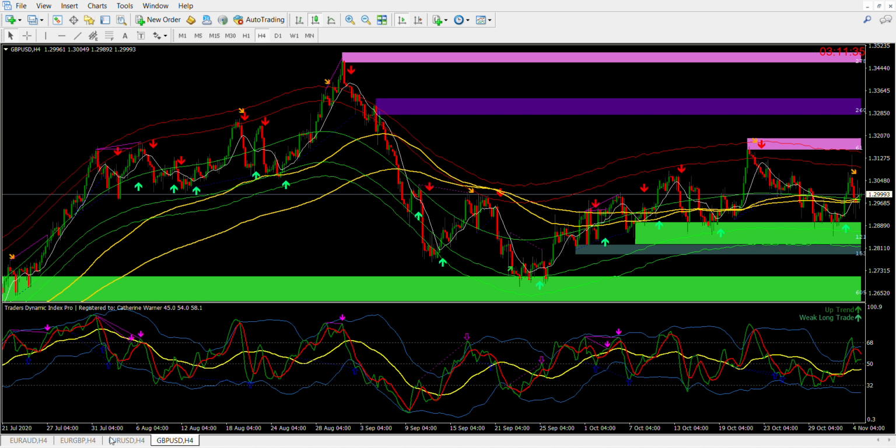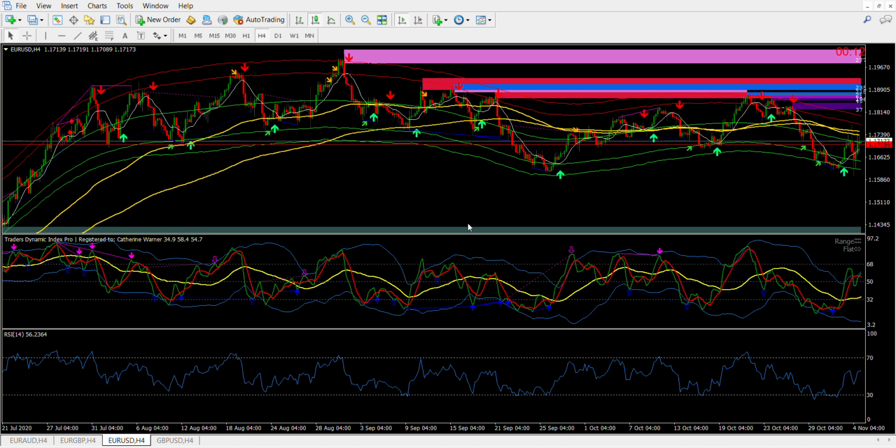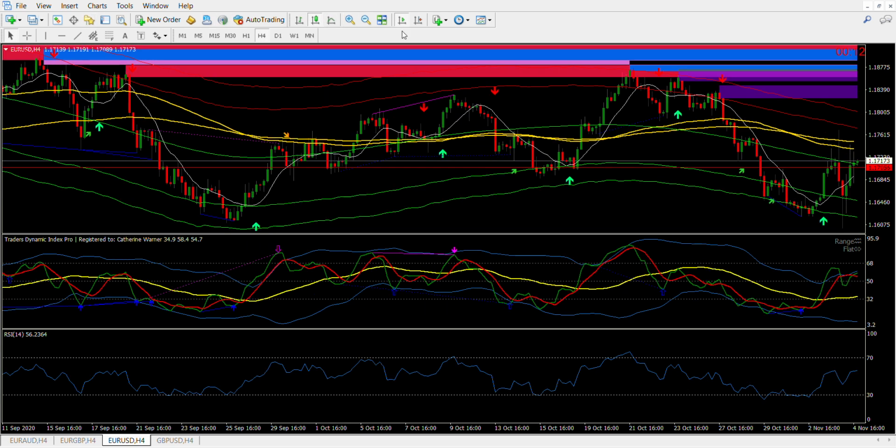Now we can take a look at another example of how support and resistance interacts with this indicator. Over here at the top, we have our support and resistance areas, and we can see some signals being provided by the indicator.